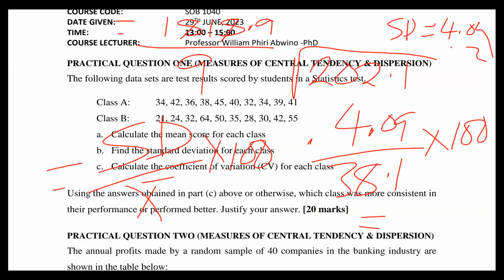You just divide 4.09 by 38.1, times 100.